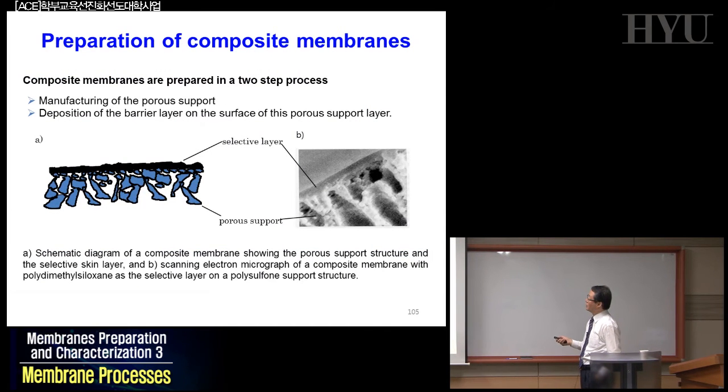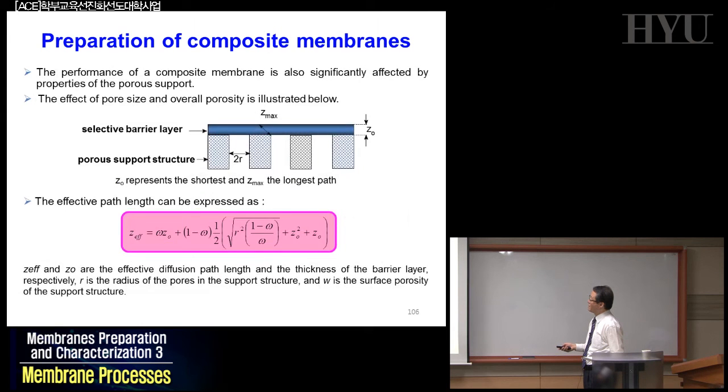You can make a composite membrane out of this porous structure. The porosity or effective path depends upon the diameter of your pores, or the length of the barrier layers, which will influence the final transfer properties anyway.